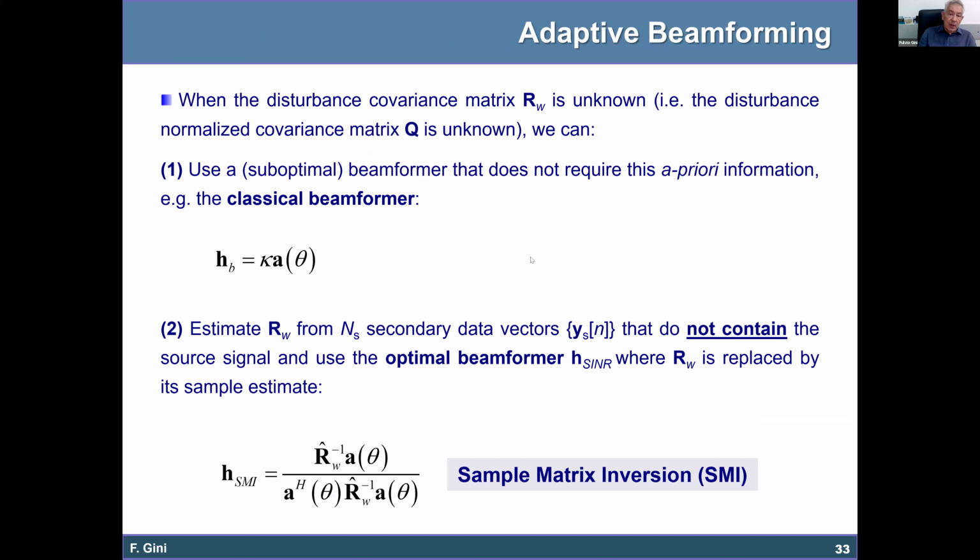So in practice, the disturbance covariance matrix is unknown. So Q is unknown, and so also Ry is unknown. In this scenario, where the disturbance covariance matrix is unknown, basically we have 3 different options.